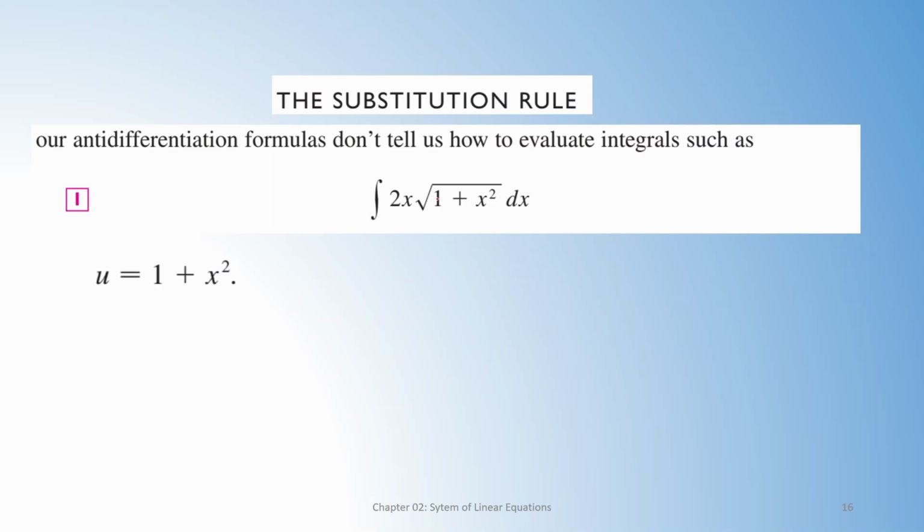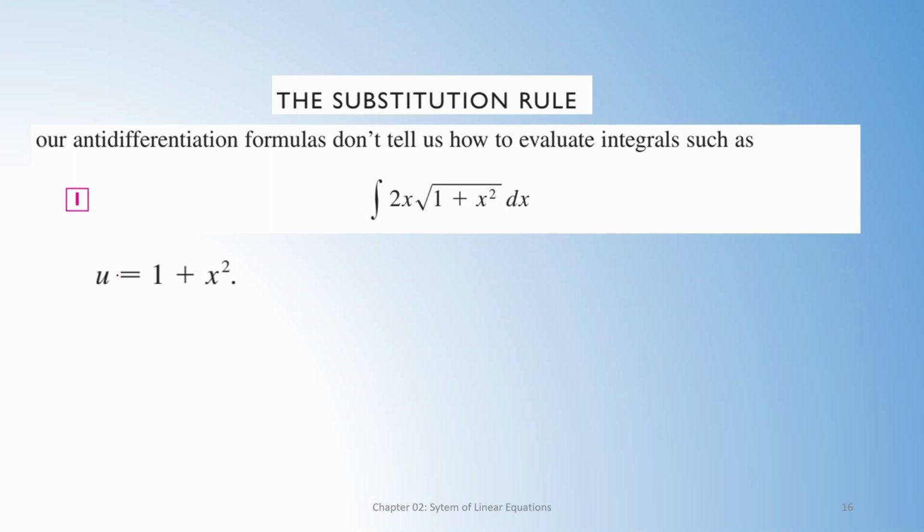The idea is you substitute part of this integral function by some other variable. For example, in this case, since we have the square root, to remove the square root, I take 1 plus x squared as u.